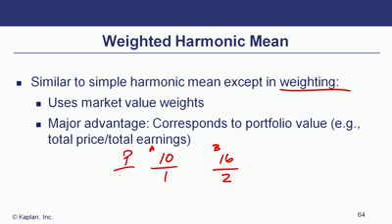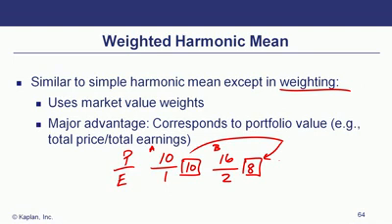So the PE for A is 10 and the PE for B is 8. If I average these two, the average of 10 and 8 is 9, right?